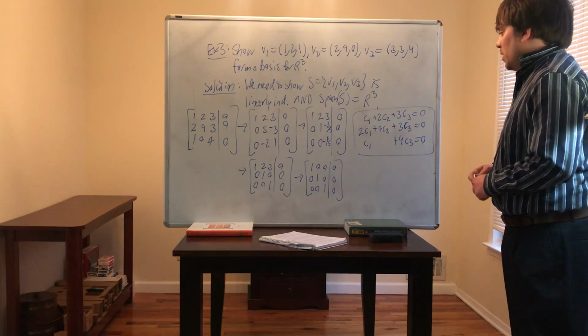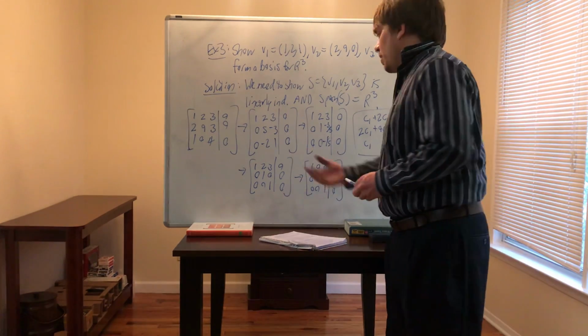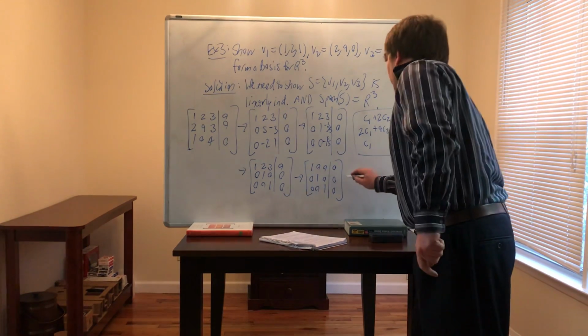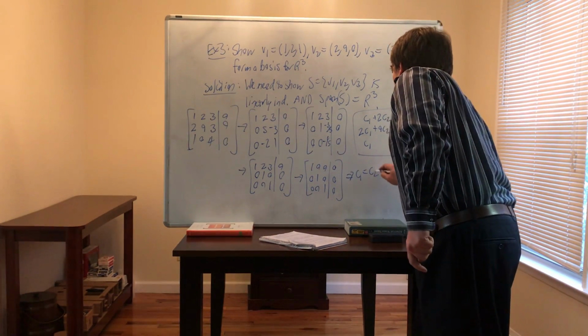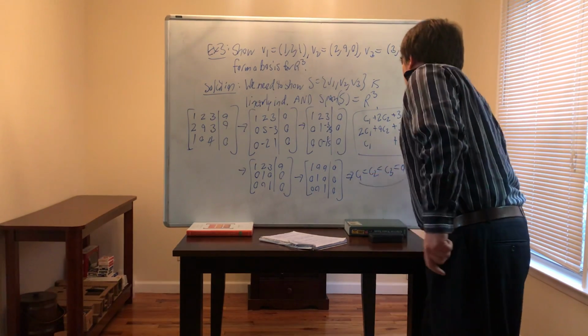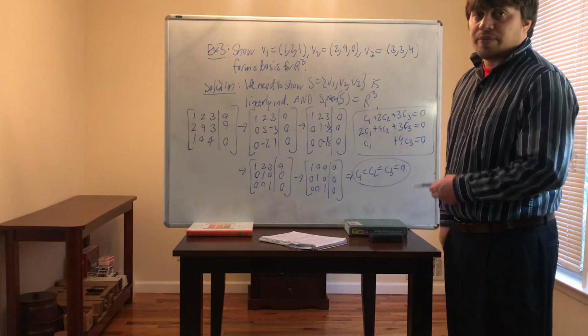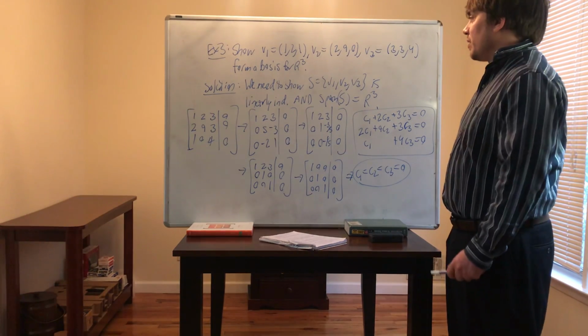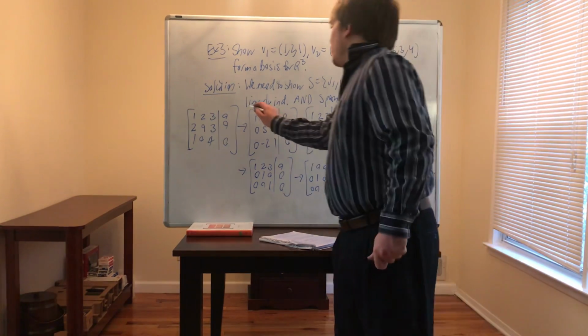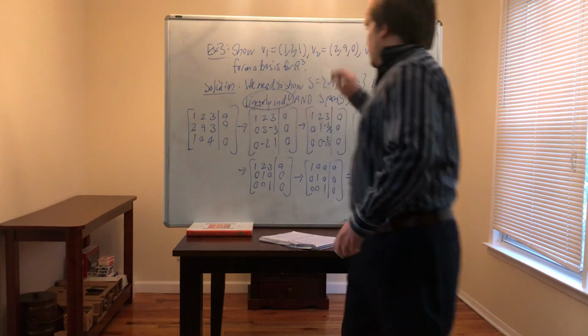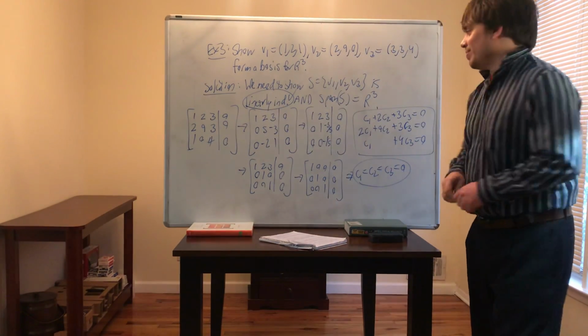So now I found that the only solution is when C1 equals C2 equals C3 equals 0. And so the only solution to our original equation is that all the C's are 0. And that means that we have linear independence. So linearly independent it is. Okay?